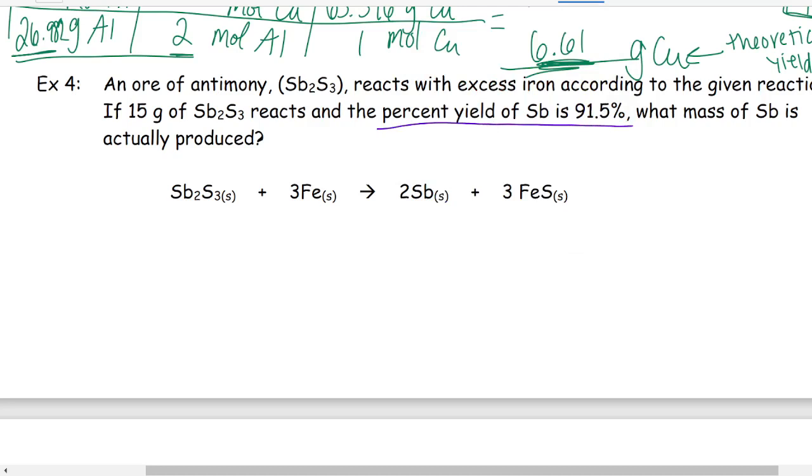So again, if you get overwhelmed with the word problems and you don't know where to start, label on your reaction the information that you're given. I know that it reacts with an excess of iron. So I'm going to do the same thing I did in the equation above and just put a little infinity symbol above here to show that that is not going to run out, which even though it's not necessarily relevant to this question, I know that Sb2S3 is my limiting reactant.